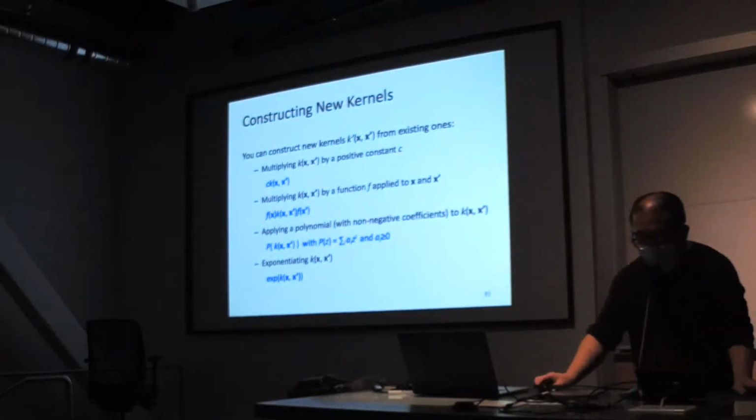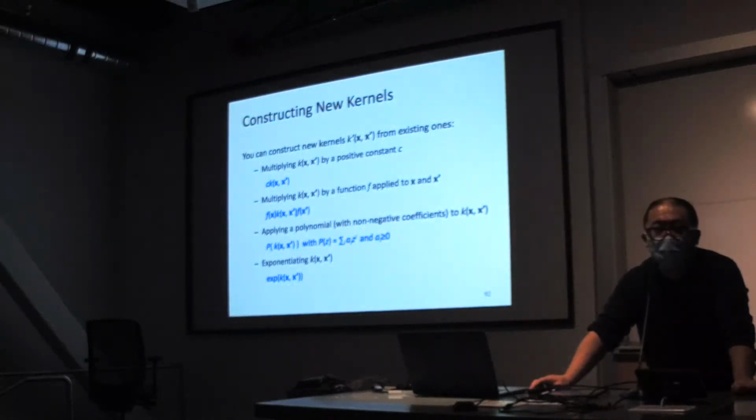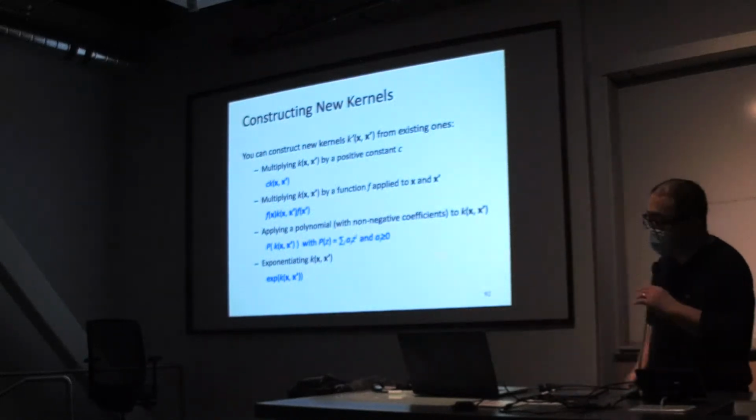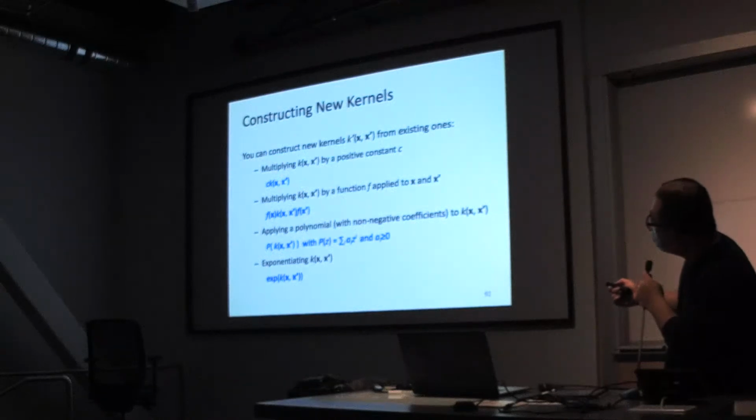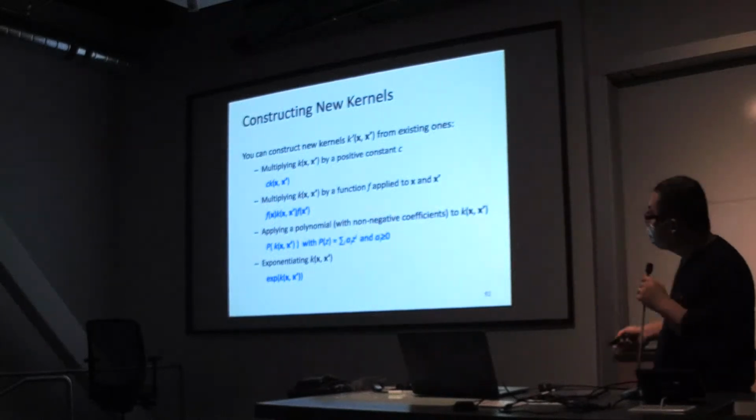Okay, so given a set of known kernels, we can use a set of rules to combine them to get new kernels. Commonly used rules: you can multiply an existing kernel by a positive constant c, and it is a new kernel. If you evaluate the two arguments of this kernel function by a function f and multiply them together, you end up with a new kernel.